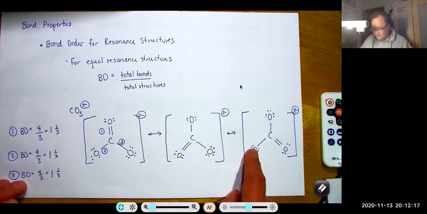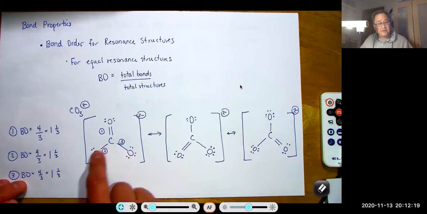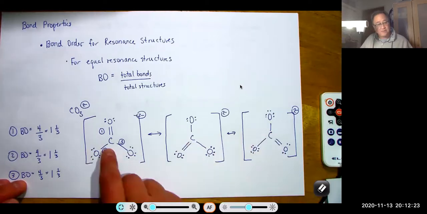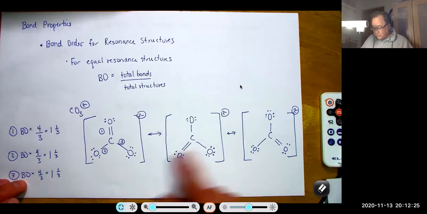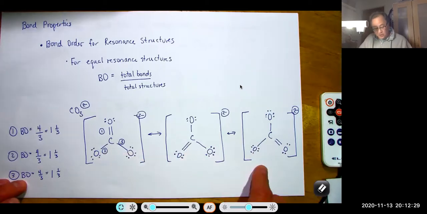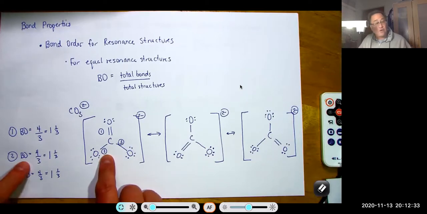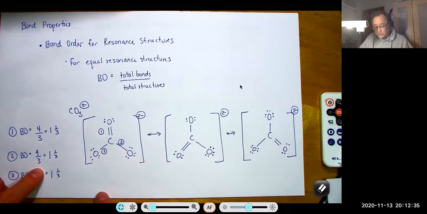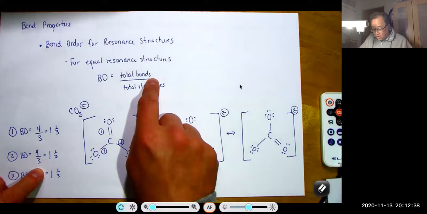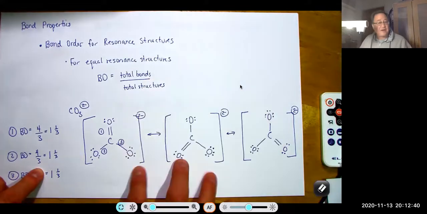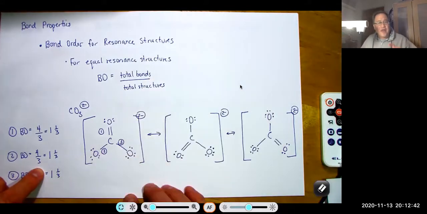Well, it's not a 1, it's not a 2, and it's not a 1. But it is an average of a 1, a 2, and a 1. So how do you get the average? Well, 1 plus 2 plus 1 is 4. We have 3 structures, so the bond order for this bond is 4/3. It's the total number of bonds in all the resonance structures divided by the total structures for that bond.